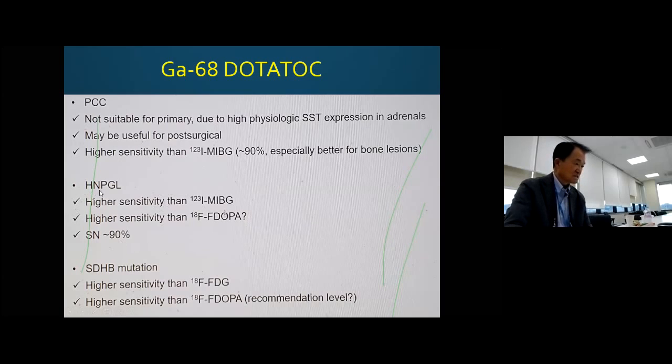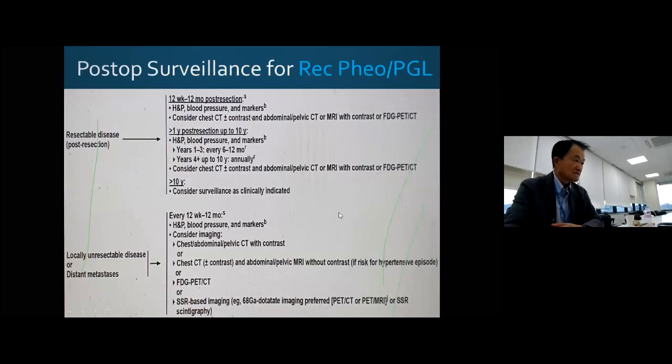Or even in this case, paraganglioma is higher than DOPA. So DOTATATE. But again, this kind of thing is all related to the biological status of the tumor. It's quite variable in my experience, so I can make this kind of conclusion.